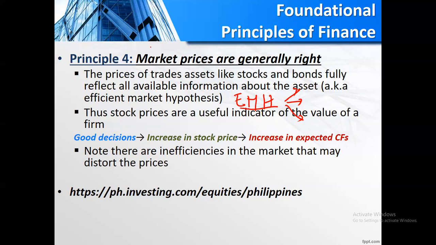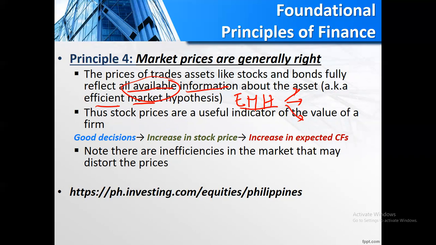Now, why is it important that markets are efficient? When we say efficient, the price should reflect all available information. Because if the prices do not reflect all available information, it means that there are only some privileged group of investors who have this information.